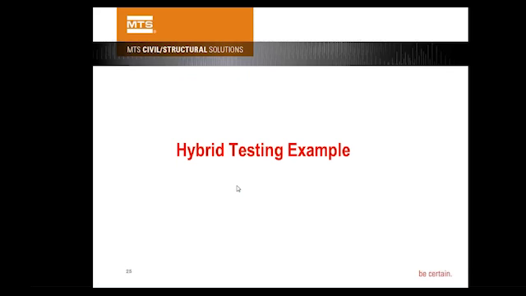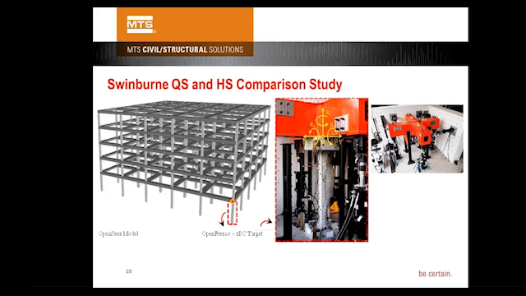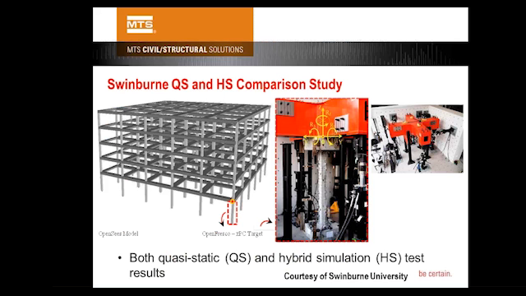Next, I'm going to talk about an example, a real hybrid test done at Swinburne University. It has a big building, and to test this building takes a lot of money and a big shake table.